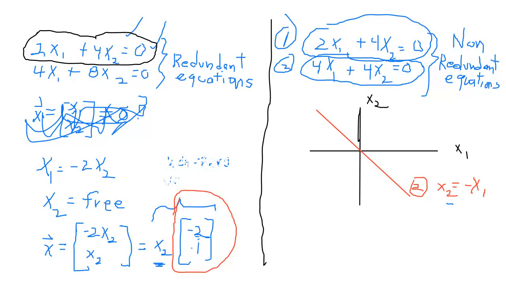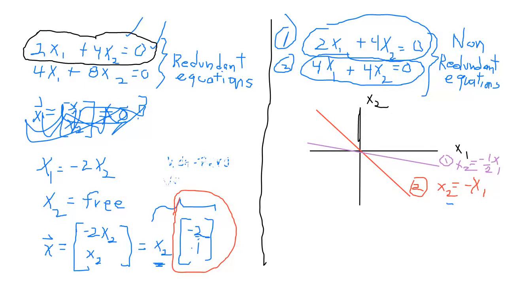This is equation 1, which can be written as x2 equals negative 1/2 x1.